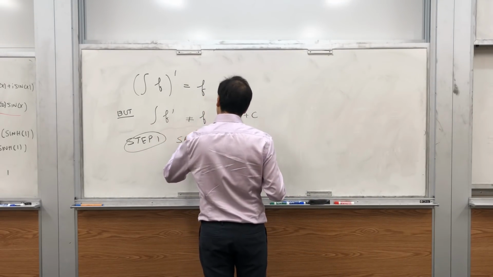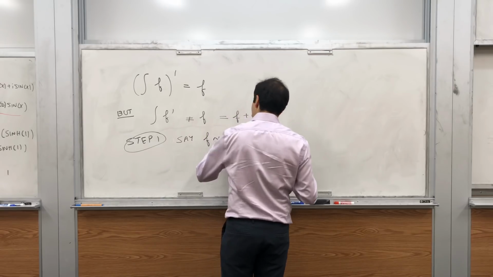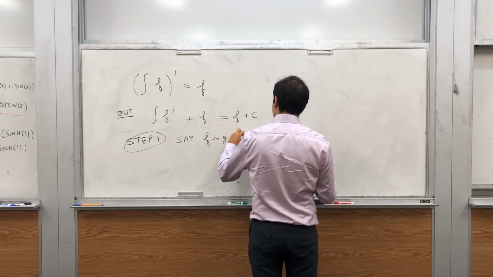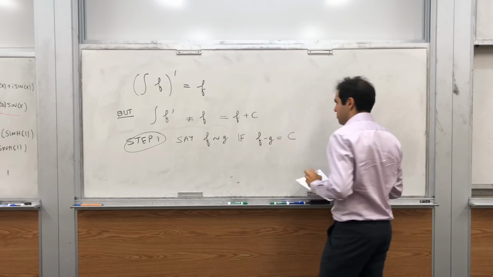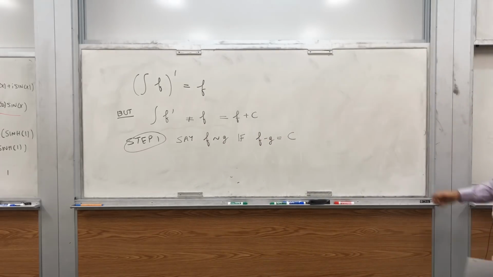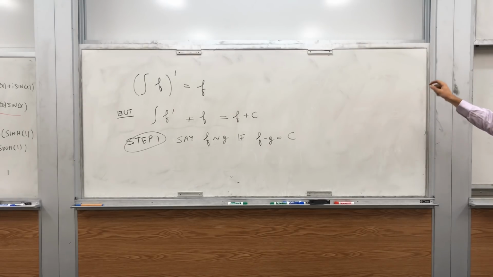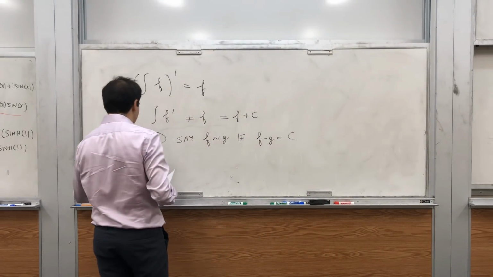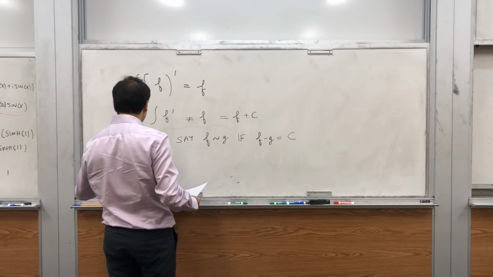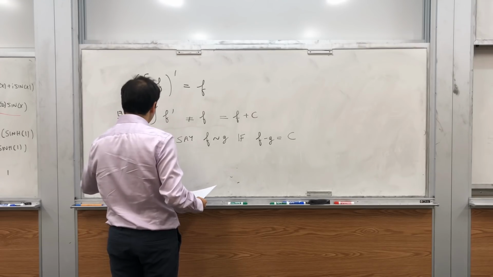Say that f and g are similar. So f is similar to g if f minus g equals a constant. And the reason I write squiggle is because it's indeed an equivalence relation, and you can check that the three properties of equivalence relations are true.